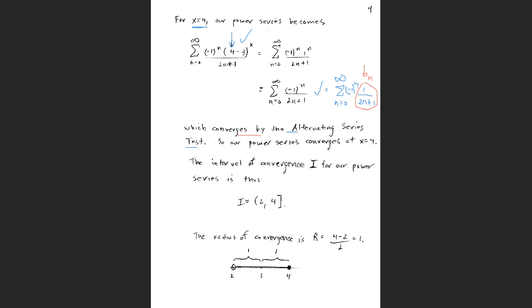Okay, so our power series converges at x equals 4 then. And so this now becomes our interval of convergence for the power series. It's going to be an open interval on the left, because 2 is not in the interval of convergence, and then closed on the right, because 4 is included in the interval of convergence.